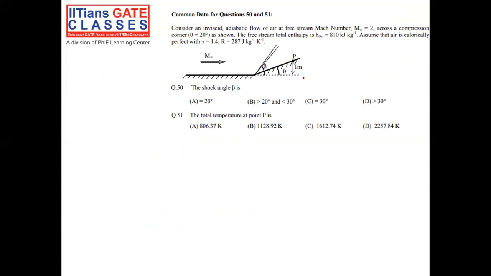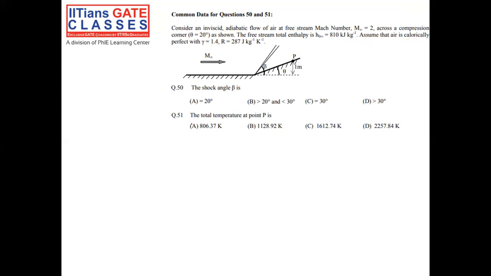Consider an inviscid adiabatic flow of air at free stream Mach number 2 across a compression corner theta 20 as shown. The free stream total enthalpy is 810 kilojoule per kg. Assume that the air is calorically perfect with gamma 1.4 and R 287 joule per kg Kelvin.